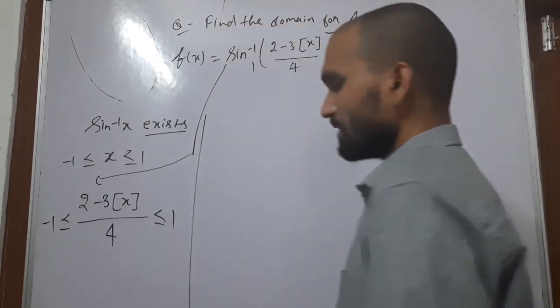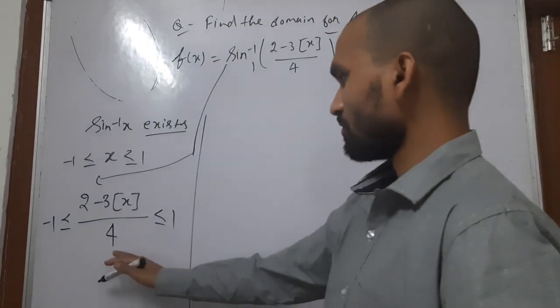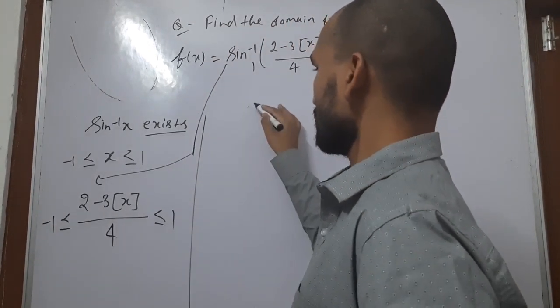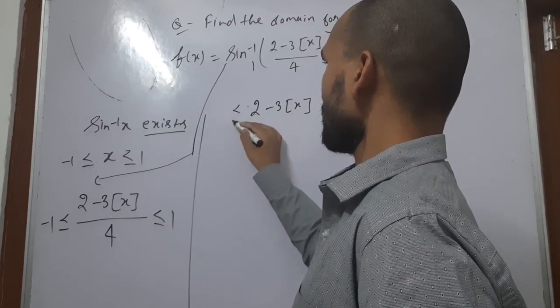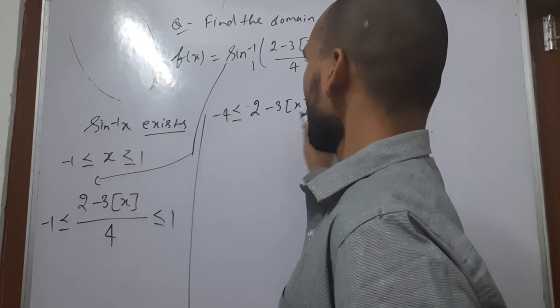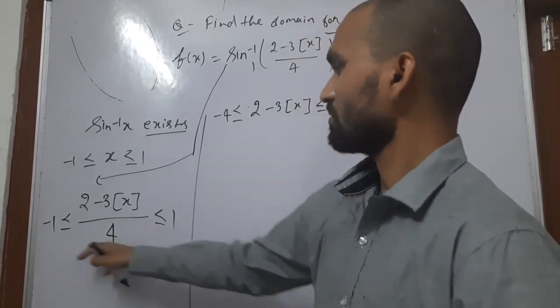Now we should simplify this: multiplying by 4, 2 minus 3 greatest integer x may be greater than or equal to -4 and less than or equal to 4.